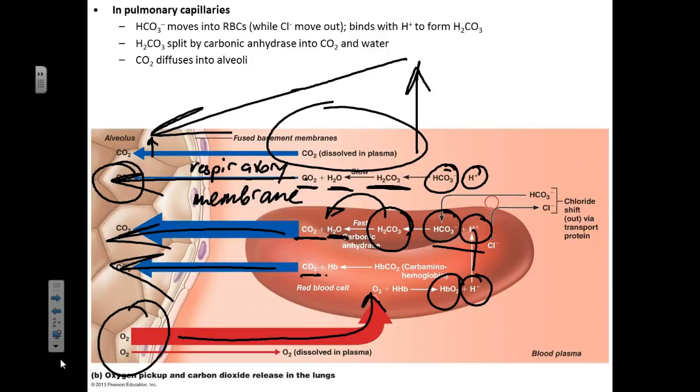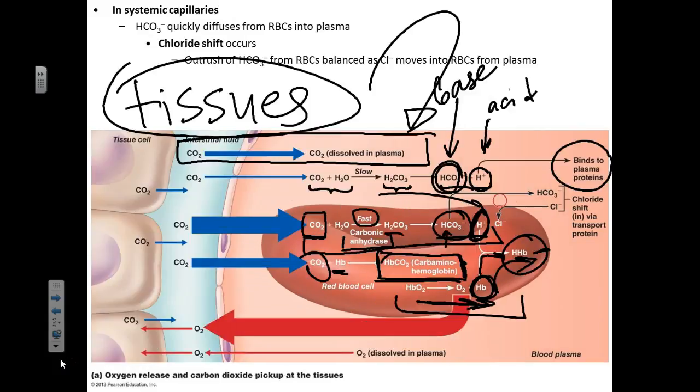If you compare this picture, the lungs, and this, the tissue, they are exactly opposite. Okay?